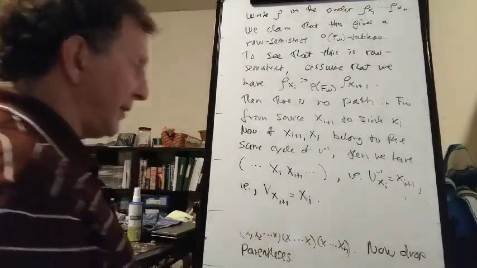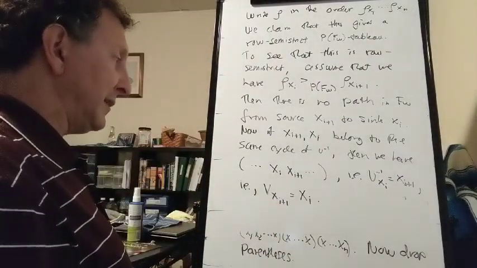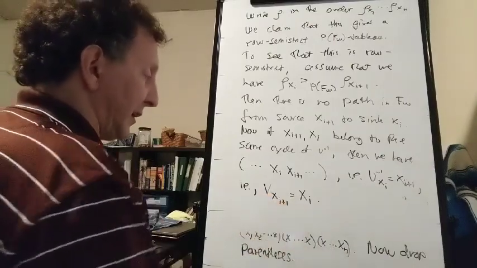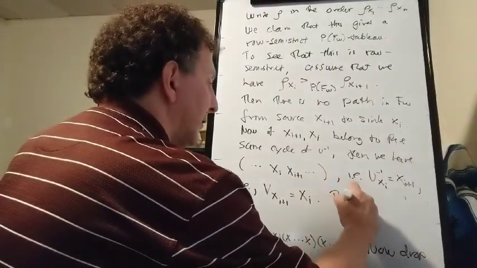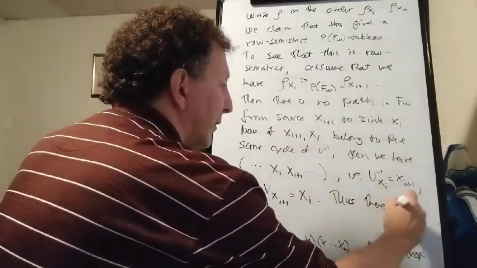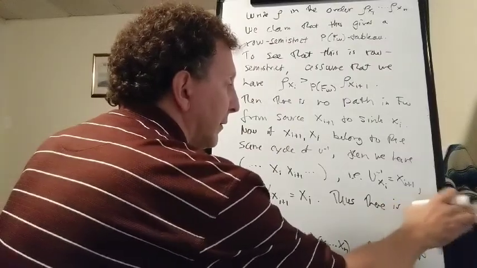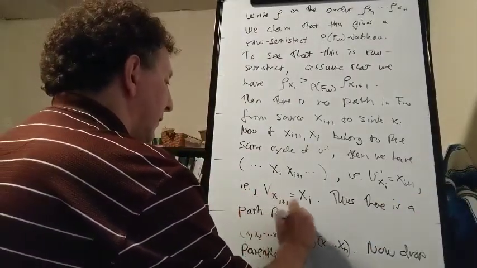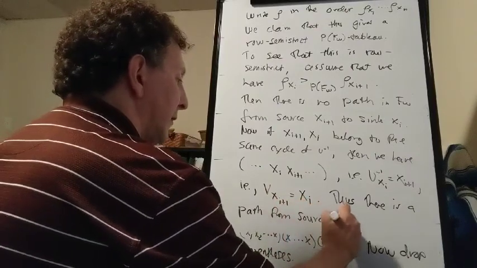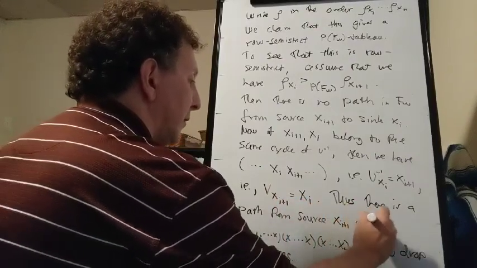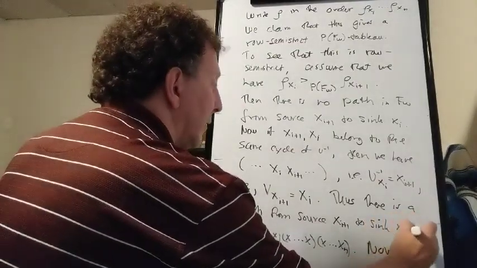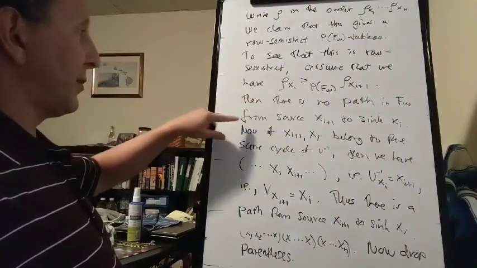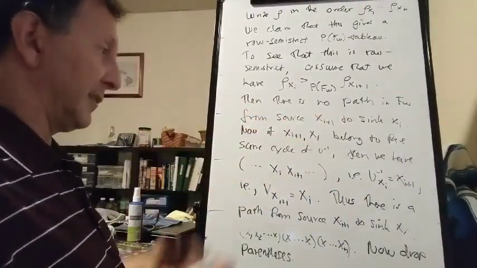Now we're assuming we have a path family of type v. So that means that there is a path from source xi plus 1 to sink xi. But that contradicts something we said. There is no path from source xi plus 1 to sink xi, so that's a contradiction.